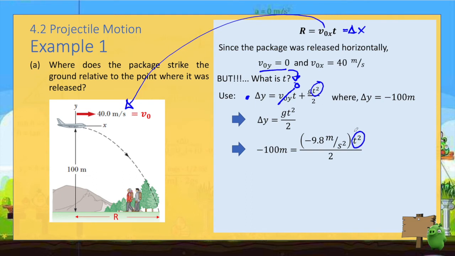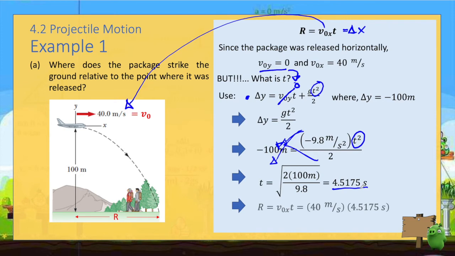We just substitute the values and then take the square root. We have this answer, same as what we got earlier. And then, since we have the time, we use the formula for the change in x. If you multiply, we have that answer. Same answer, different ways of solving.